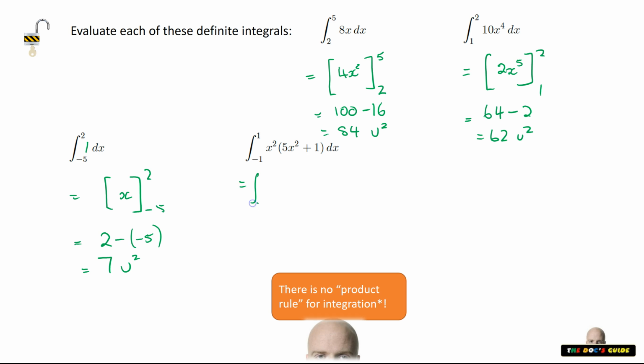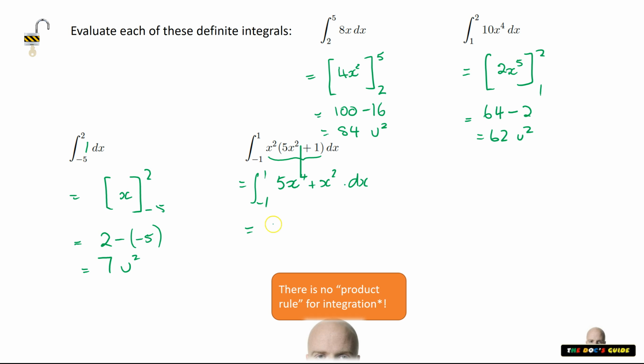We rewrite our expression, instead of a product of 2 terms, as the sum of 2 terms. If we multiply the x squared into the bracket, which goes against the grain, it's 5x to the 4th plus x squared dx.